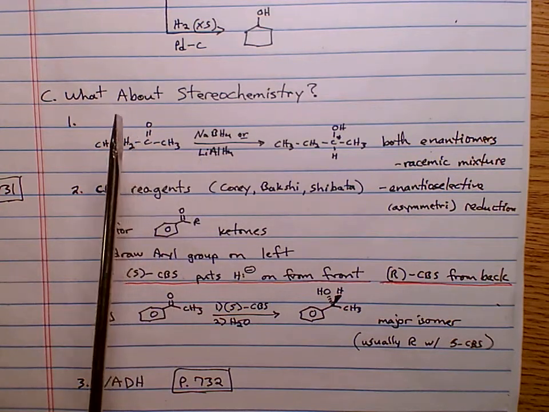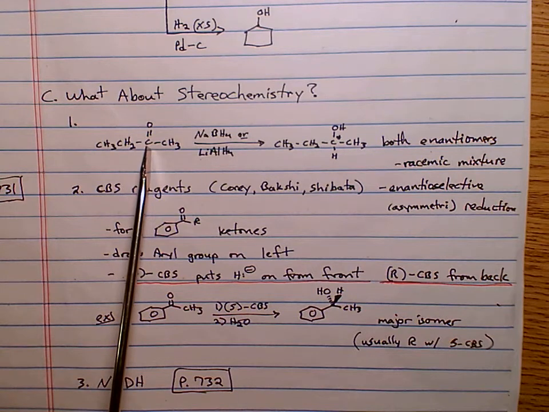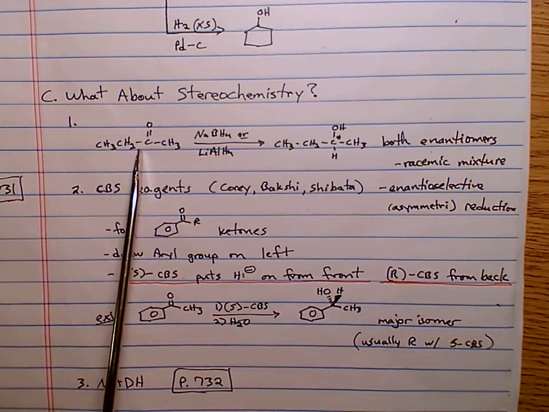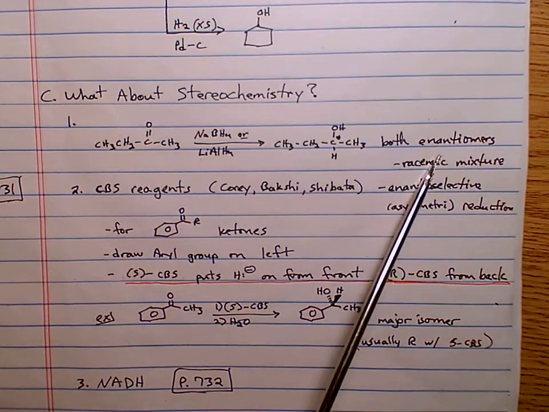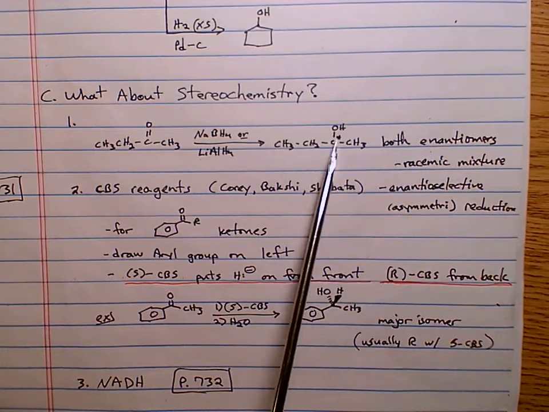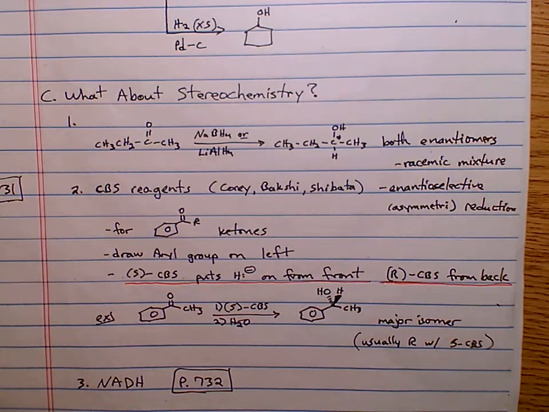Every time you do reactions with carbonyl carbons such that that carbon now has 4 bonds coming from it, if they are all different, you generate a chiral carbon and you're going to get racemic mixtures. And that's a problem with these reactions, is you never want racemic mixtures. You almost always just want one of the products, one of the enantiomers. You're going to get a 50-50 mixture of both enantiomers, and then you're going to have to separate them.